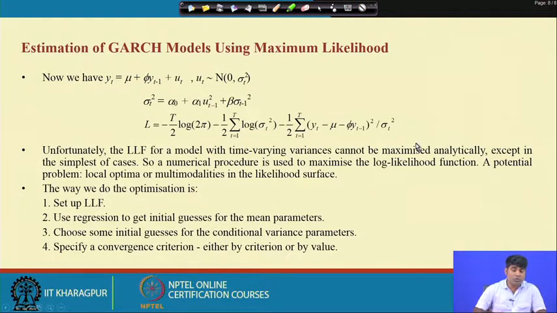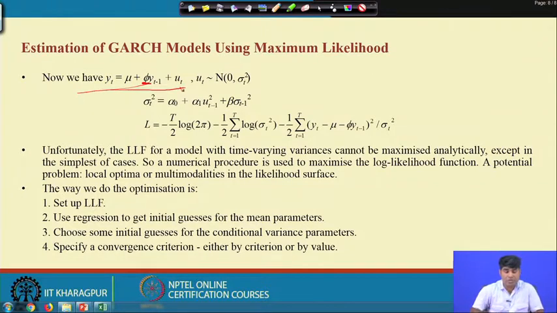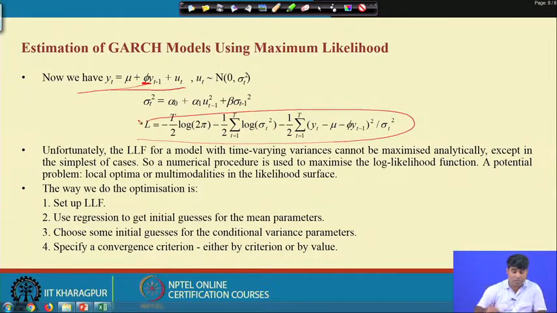Now, coming to the mean equation again, which you start from the beginning, y t is connected to y t minus 1, where the error term follows zero mean and unit variance, followed by sigma square t equal to alpha 0 plus alpha 1 u square t minus 1 plus beta sigma square t minus 1, and then the likelihood function.